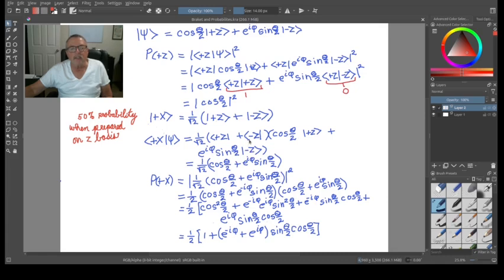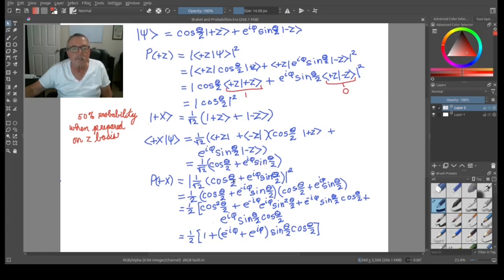Now if I take the bra vector of the not aligned, then that will get rid of one factor of the cosine theta over 2, but it will also put a 1 on this one. But what we're left with is 1 over square root of 2 times cosine theta over 2 plus e to the I phi sine theta over 2.